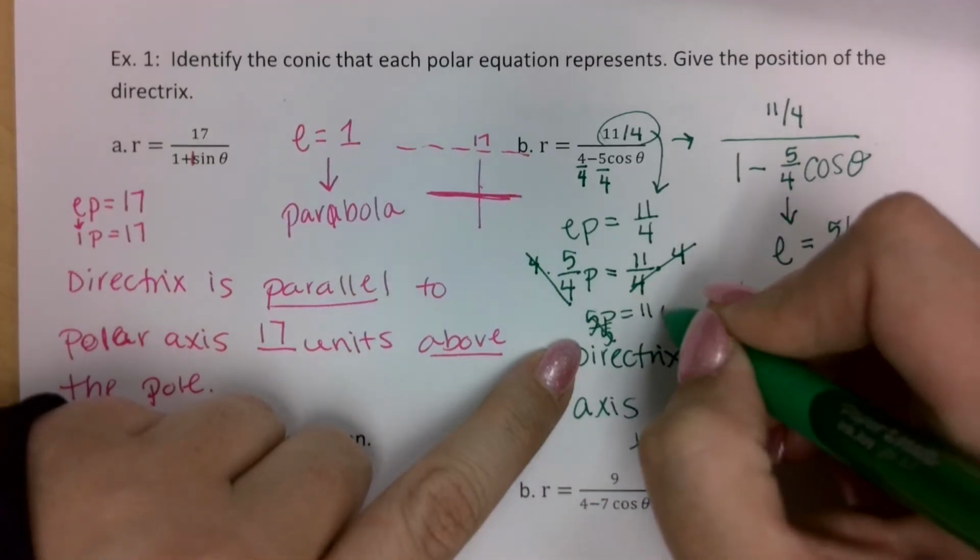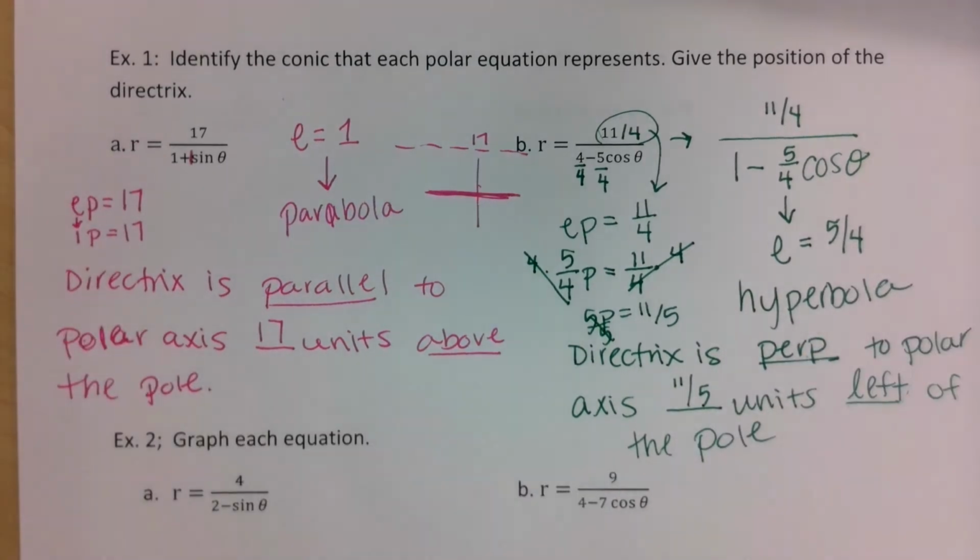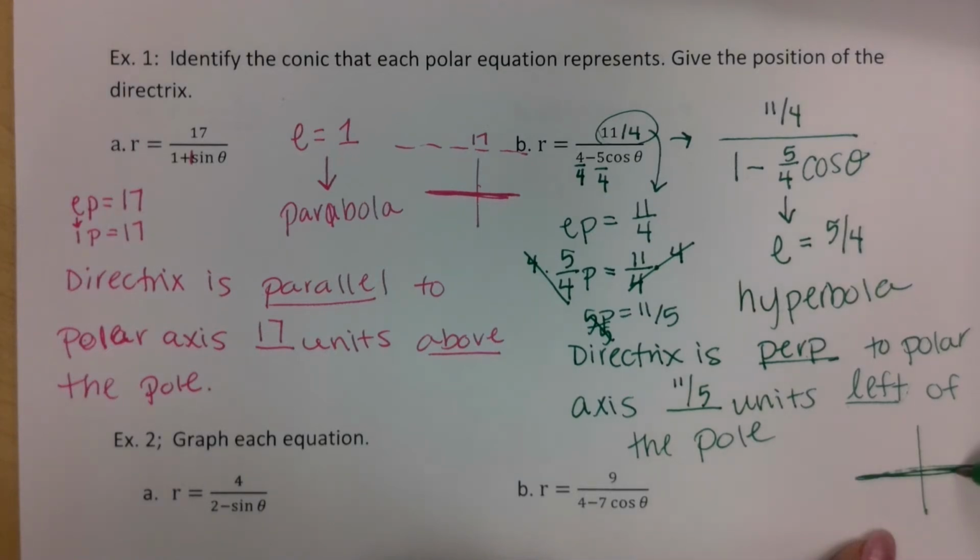Divide by 5 on each side, we get P is 11 over 5. So 11 over 5 units to the left of the pole, which means for a visual, it's perpendicular to the polar axis. So if this is the polar axis, it's going to be perpendicular to the left 11 over 5 units. So there is our directrix, perpendicular to the polar axis.